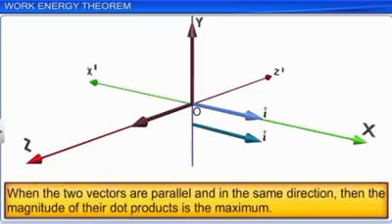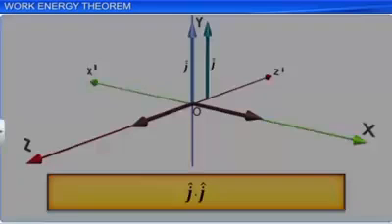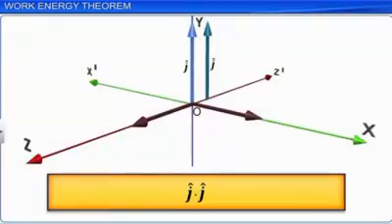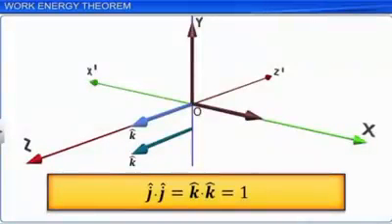Thus, when the two vectors are parallel and in the same direction, then the magnitude of their dot product is maximum, as cos 0 degrees is equal to 1. Thus, we get i dot i equals 1, as shown. Similarly, we get j dot j and k dot k equal to 1, as shown.